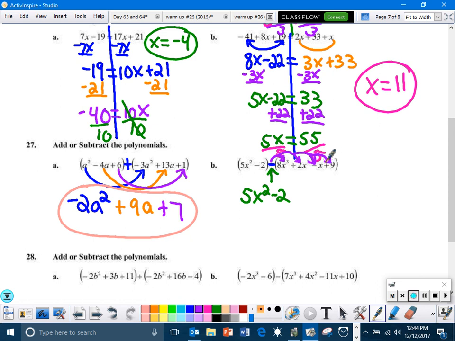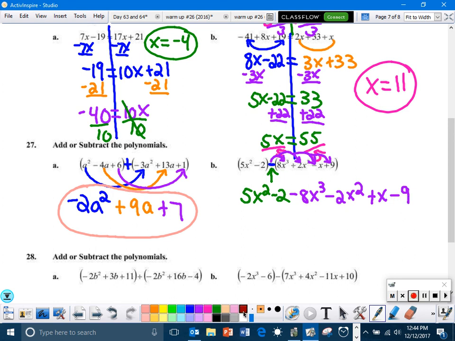So what's going to happen is the signs are all going to change to their opposite. Again, only when there's a minus sign in front of that grouping symbol like that. So I'm going to rewrite this as negative 8x cubed minus 2x squared. That becomes plus x, and then that becomes minus 9.